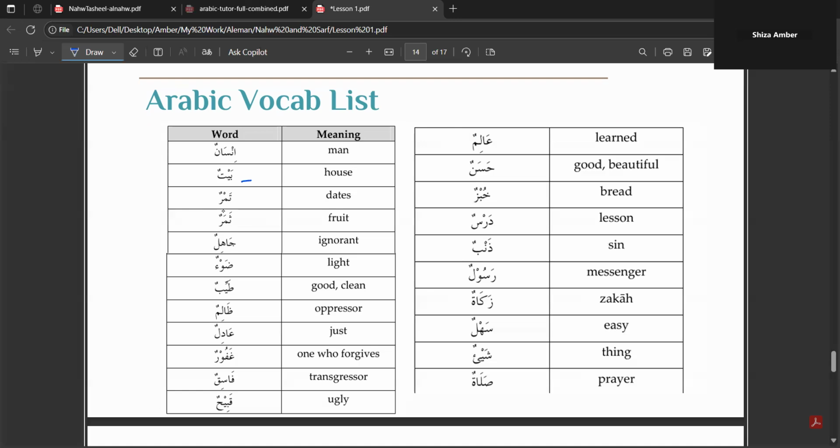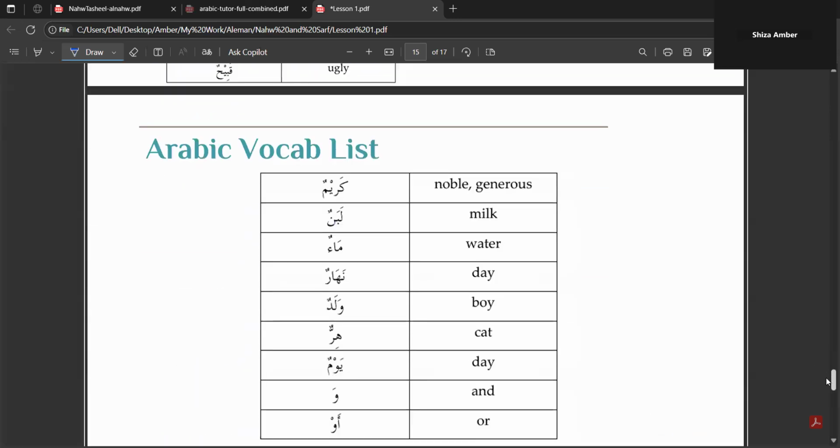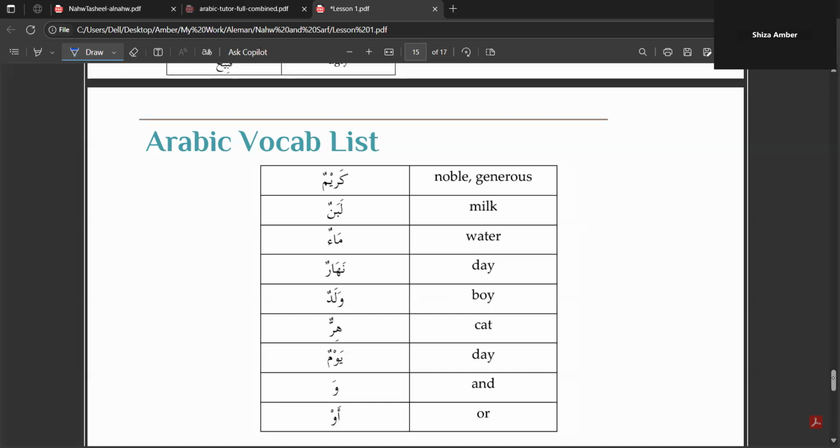So this is your vocab list for next week. You need to remember all these words before our next class. Even if you're not able to retain all the words, it's okay, but at least some of them, right? So before your next class, I want you to remember all the harf jar.